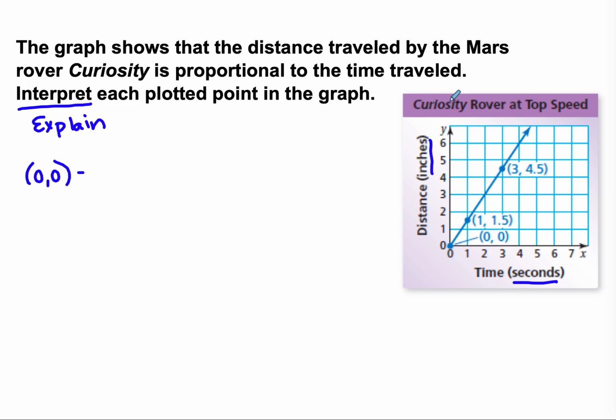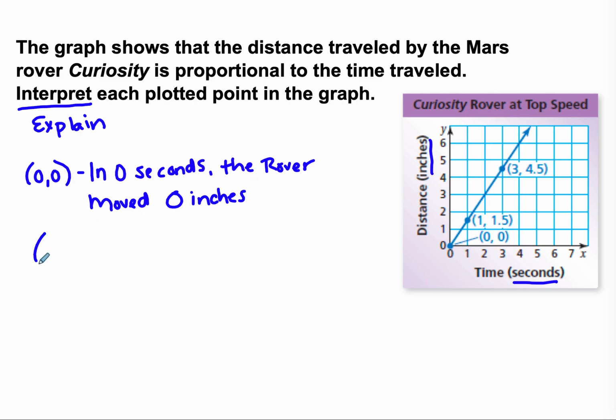Okay, Curiosity rover at top speed. So I'm going to write in 0 seconds, the rover moved 0 inches. My next point here is 1, 1.5. Remember that first number is our x, so my first number means the time.